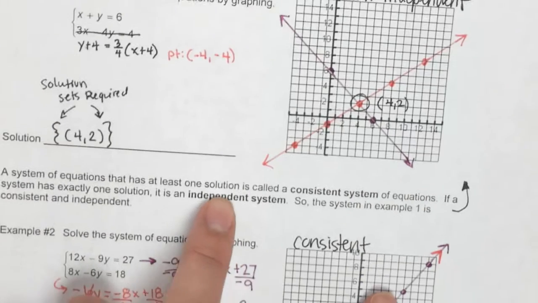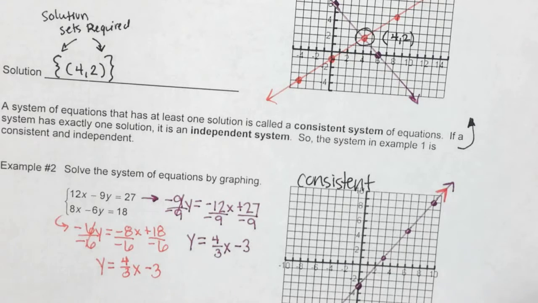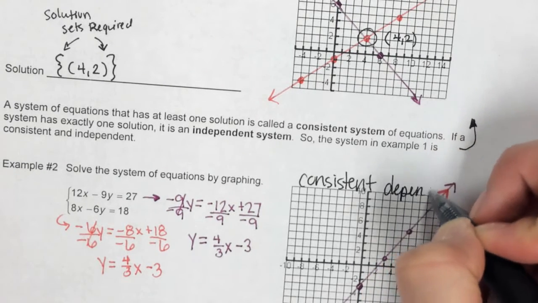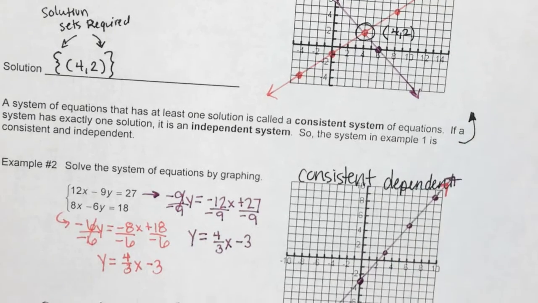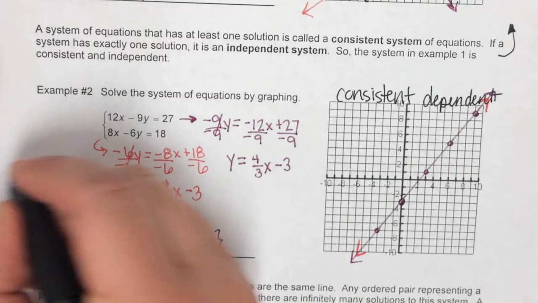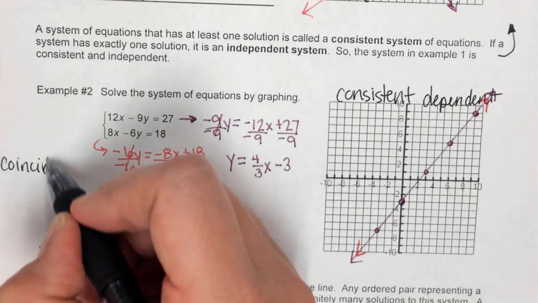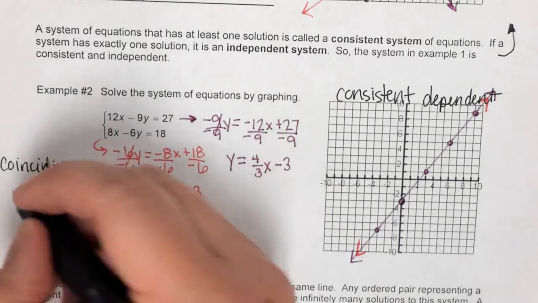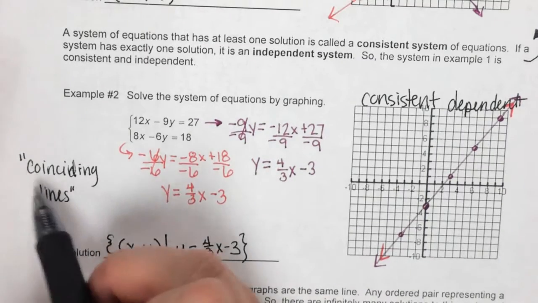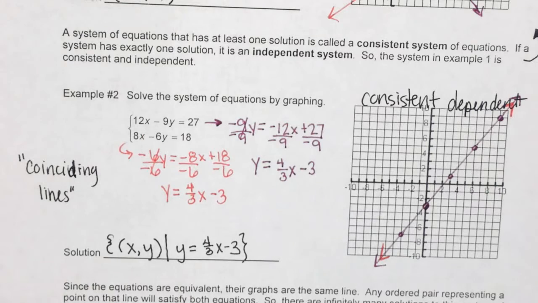So logically, if there's more than one, it's the opposite of independent, which is what? Dependent. So this one would be consistent dependent when it's the same line. Oh, and what I also forgot to mention was the fancy name for this. These two lines, coinciding lines. When they're the same, coinciding lines. That means they're the same line.